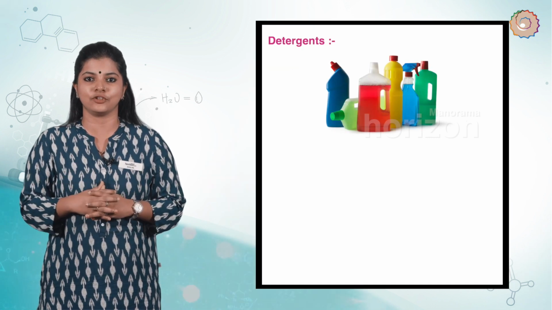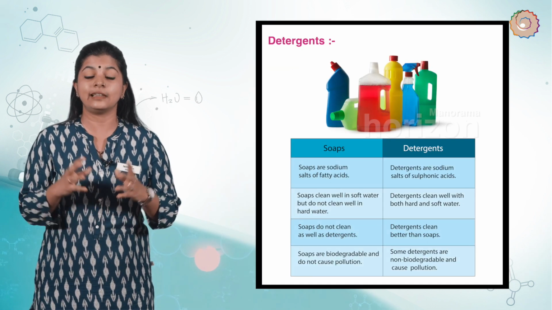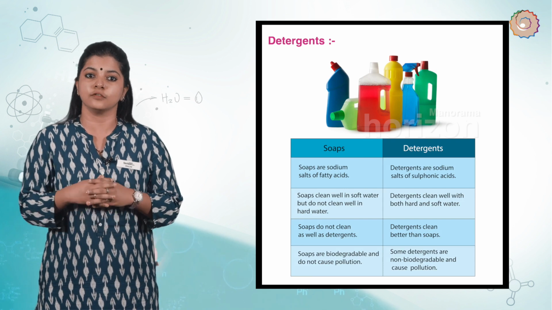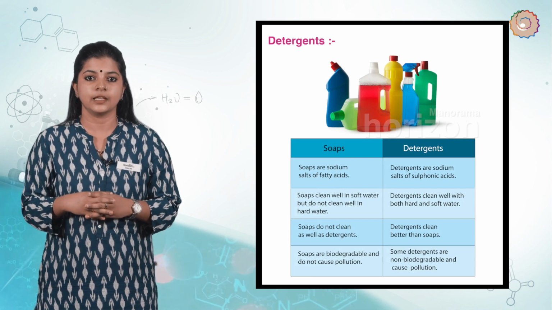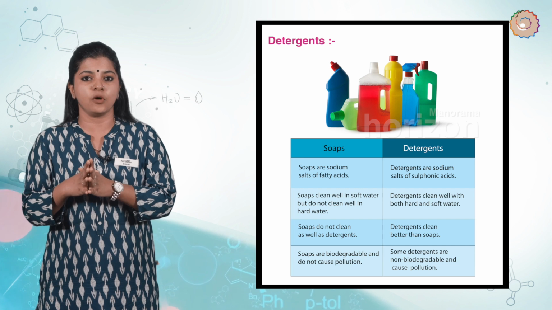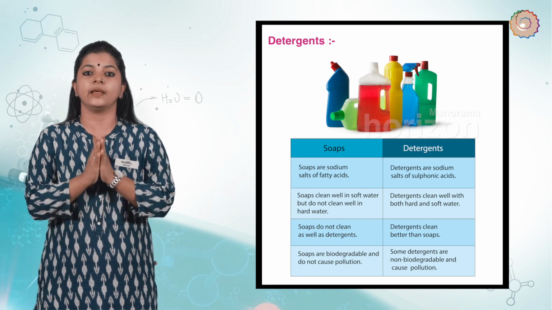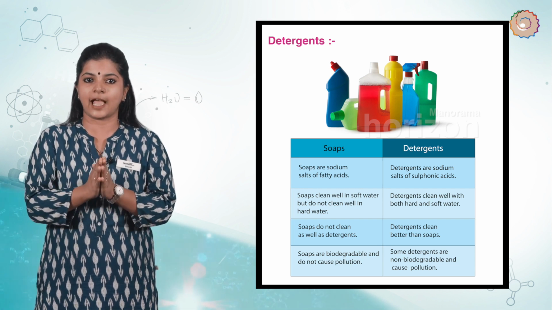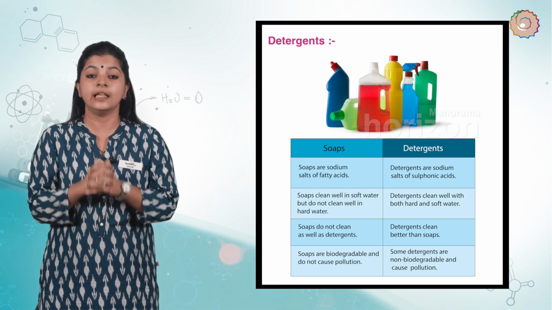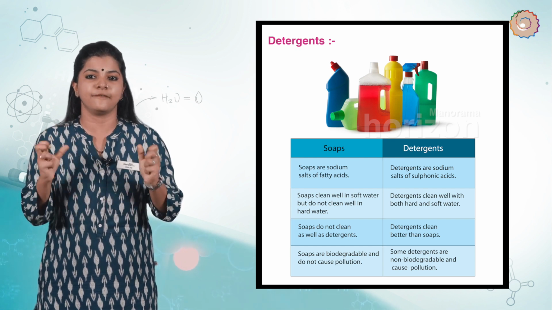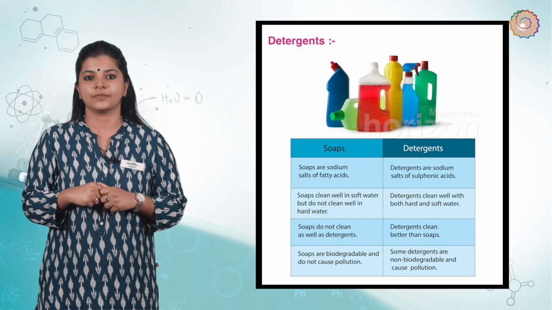This problem is overcome by using another class of compounds called the detergents as cleansing agents. Detergents are generally ammonium or sulfonate salts of long-chain carboxylic acids. The charged ends of these compounds do not form insoluble precipitates with the calcium and magnesium ions in water. Thus, they remain effective in hard water.